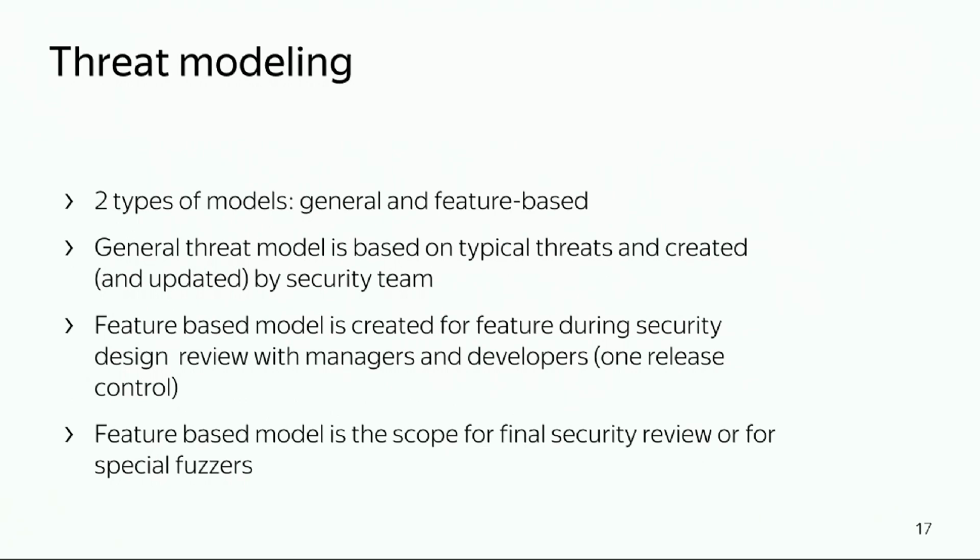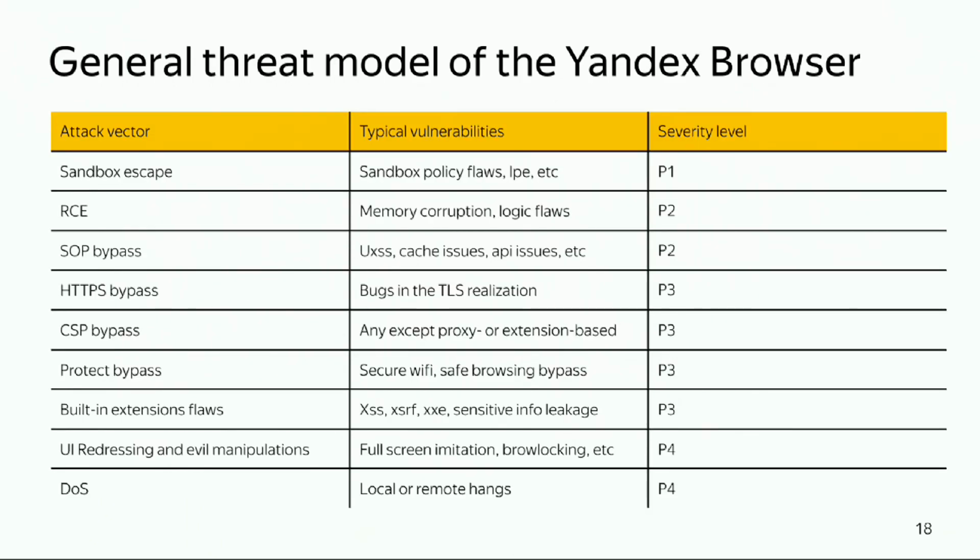At this stage, we also do threat modeling. We have two types of threat models. One is general for the product, and one is feature-based. For example, the general threat model is the typical threat model. It looks like this.